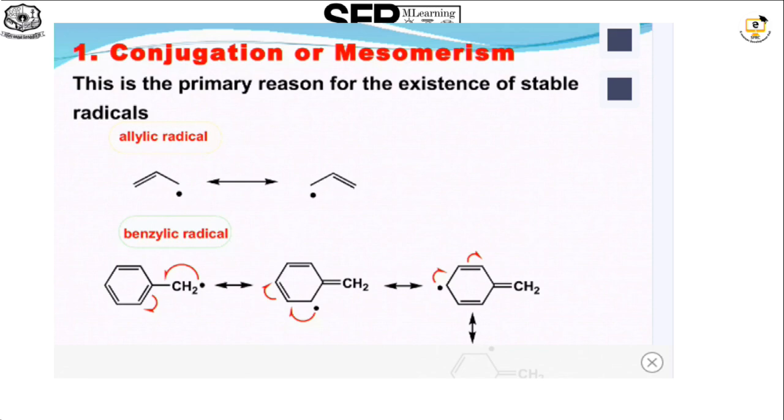It also has alternate double and single bonds, and the pi electrons are delocalized over the double and single bonds. So the overall energy of the molecule is reduced, increasing the stability of the free radical. Allyl and benzylic free radicals are stable due to the conjugation system.